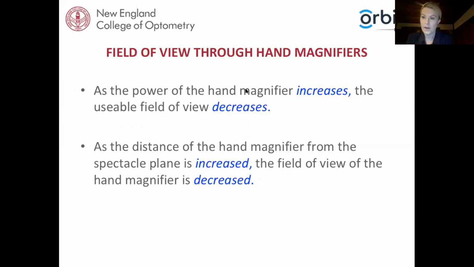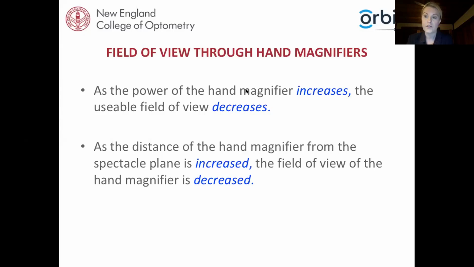The other sort of training piece and point worth going over in terms of clinical optics of hand magnifiers is field of view. So as the power of a hand magnifier increases, the usable field of view decreases, obviously because the magnification is higher, but also as the distance the hand magnifier is from the spectacle plane is increased, the field of view is also decreased.